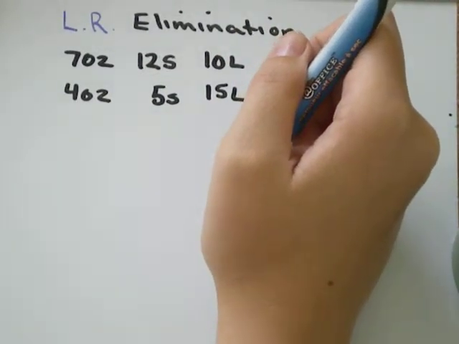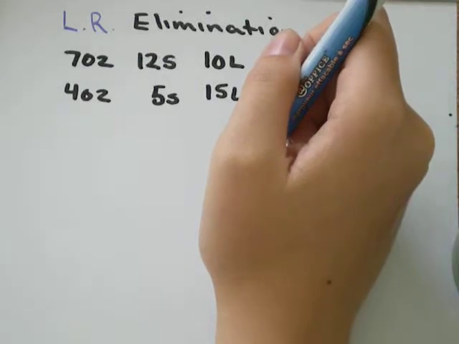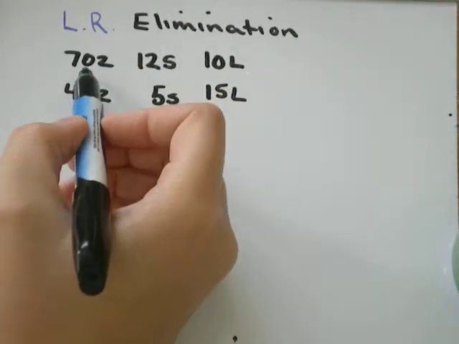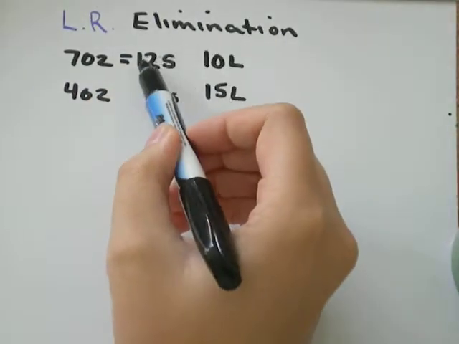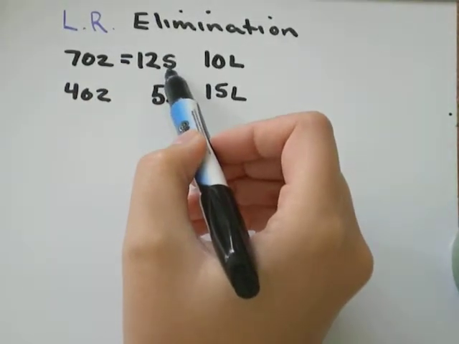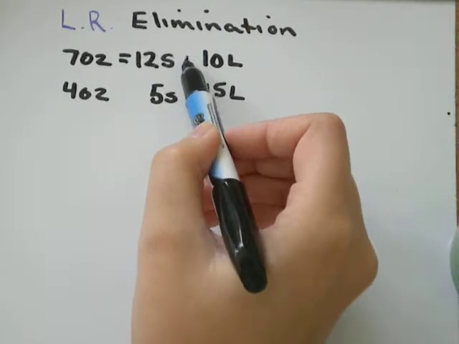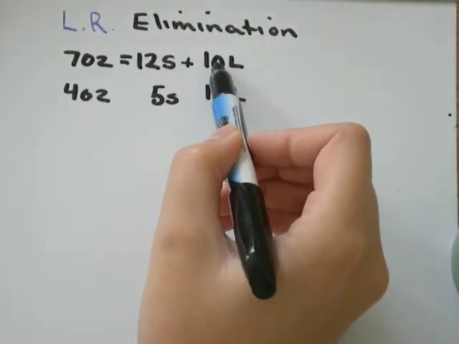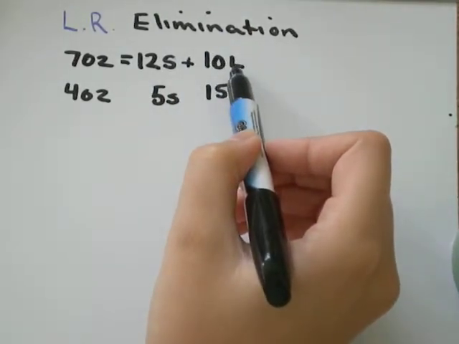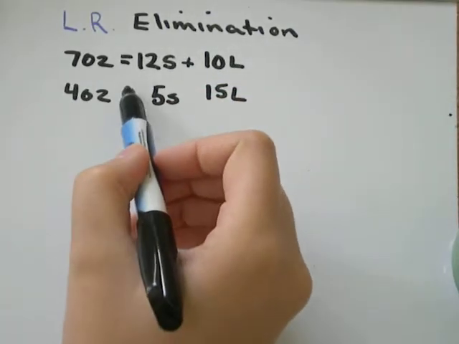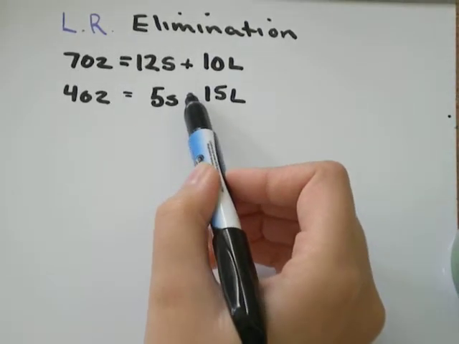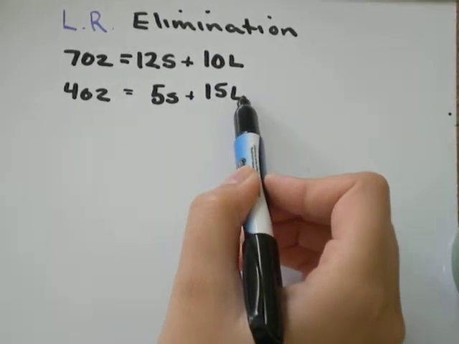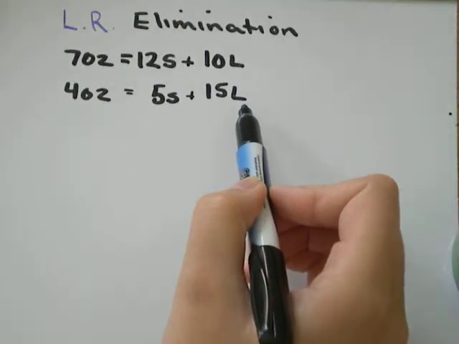So what I'm going to think is, how do I make that into an equation? Well, I'm going to say the 7 ounces is equivalent to 12 times S, S being the weight of the small lure, plus 10 times L, with L being the weight of the large lure. 4 ounces is equivalent to 5 times S, 5 times the weight of the small lure, plus 15L, 15 times the weight of the large lure.